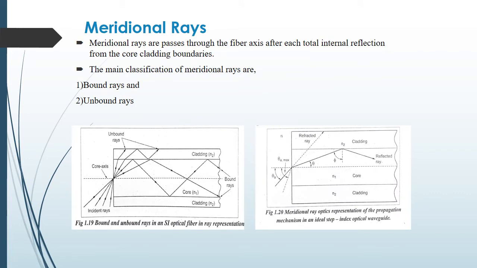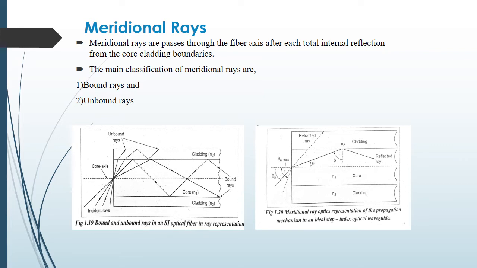The first one is meridional rays. Meridional rays pass through the fiber core axis after each total internal reflection from the core cladding boundaries. Meridional rays lie in a single plane, and their path is easy to track as they travel along the fiber.